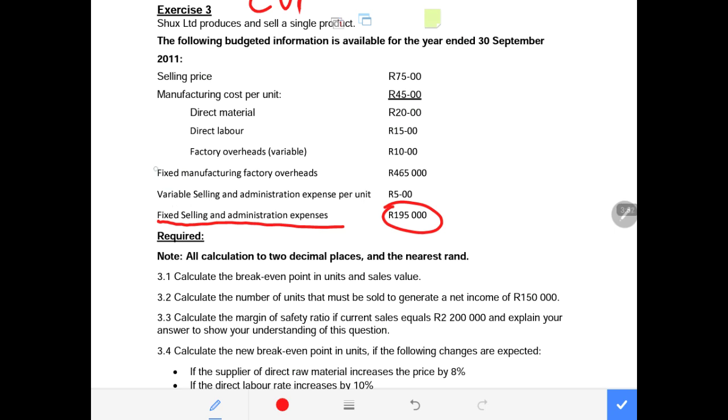You can see that the costs that are fixed are given in total. The reason for that is that when we are calculating our break-even point, because chapter 7 is normally on the break-even point, margin of safety, percentage, or units, we will need to calculate the break-even point, meaning the number of units that must be sold in order for the company to get a zero profit, meaning no profit.